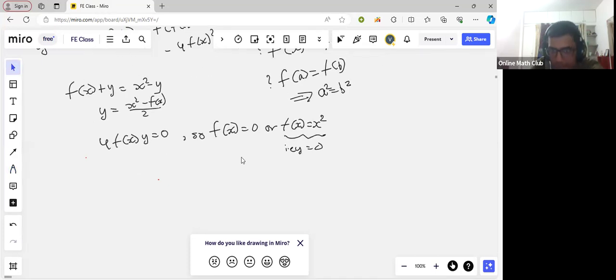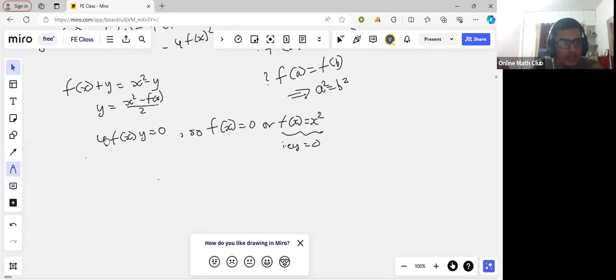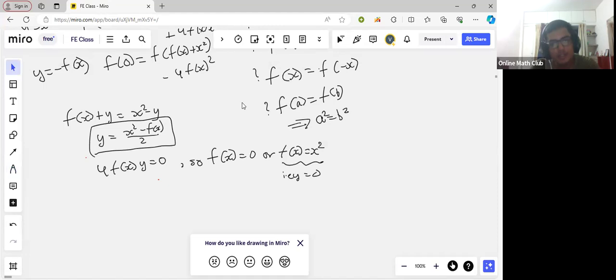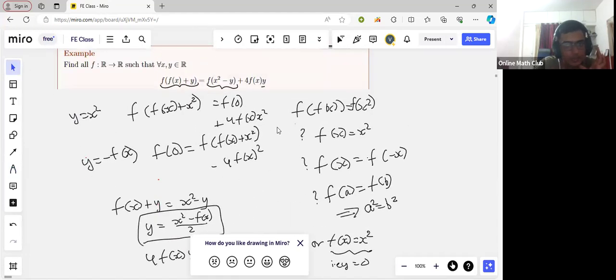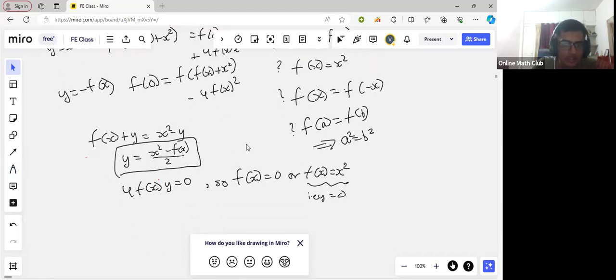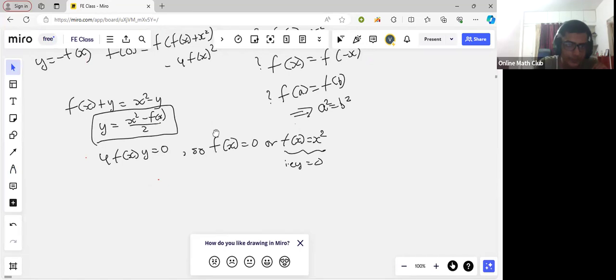But firstly, is it clear to everyone why we have done this substitution over here? Why we have put y equal to x square minus f of x? So this is like the cancellation trick, where we try to make some substitution so that terms cancel. For example, we put a substitution so that these two terms get cancelled, and that gives us something useful.